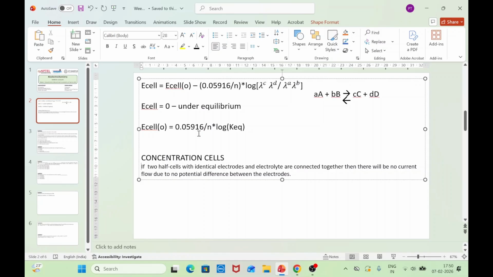Yes. So for easy understanding, let me give an example. So you have silver.